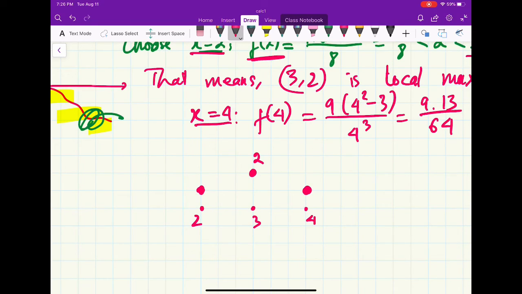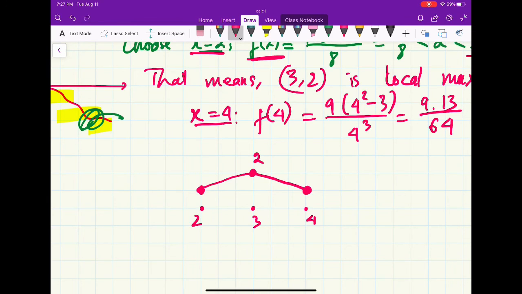The function is continuous. So that means the best way is like this. The graph of the function should look like that. That means at 3, the function attains a local maximum. There's no way to get a local minimum over there. Does that make sense? If at 3 you have a local minimum, then somewhere else you should have a local maximum.